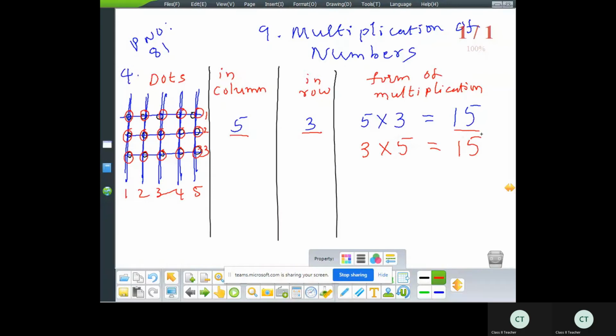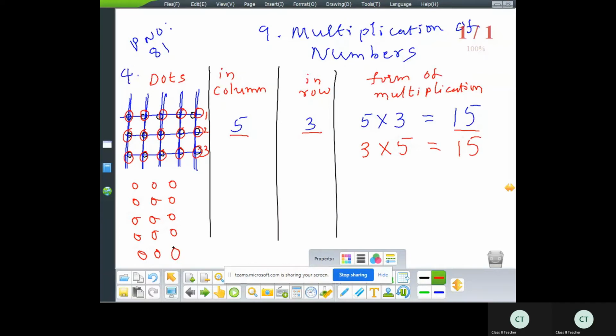If we rotate this structure of dots, now 1, 2, 3.